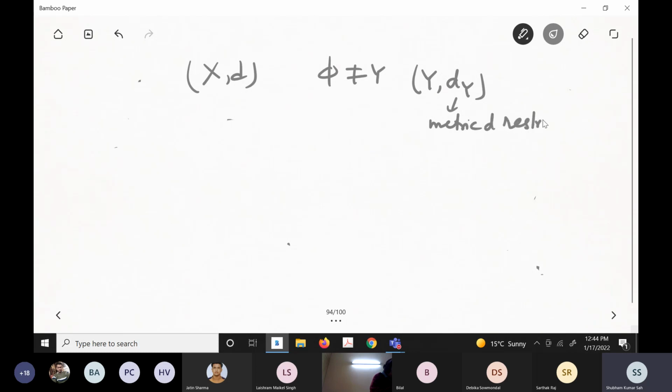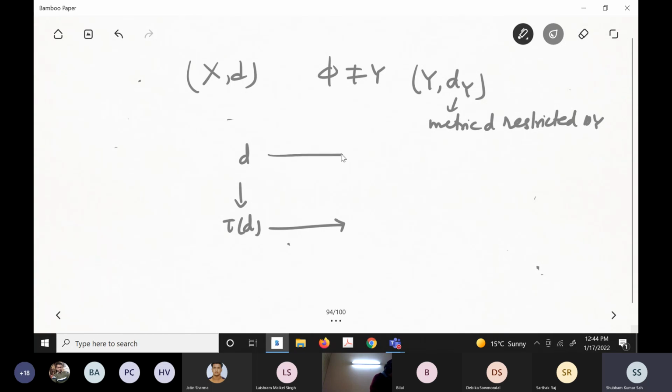So you have a metric space (X, d), and on Y you have the same metric d restricted to Y. Here you get tau_d, and here you get d_Y, giving tau_dY.